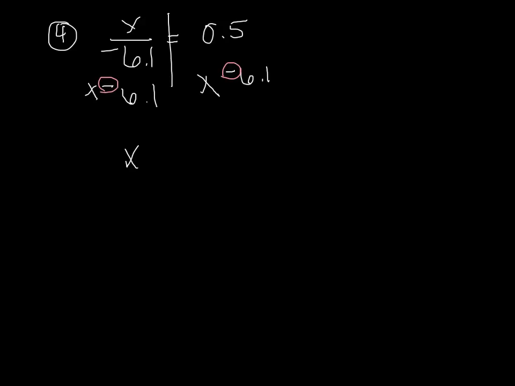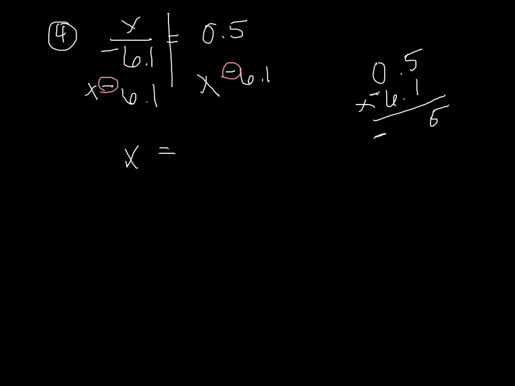Okay, so now what I need to do is I get x equals on the left side, and then I need to do my computation of the right side, which is 5/10 times negative 6 and 1/10. 5 times 1 is 5. Don't forget your negative sign. So I'm going to bring my 5 down there.